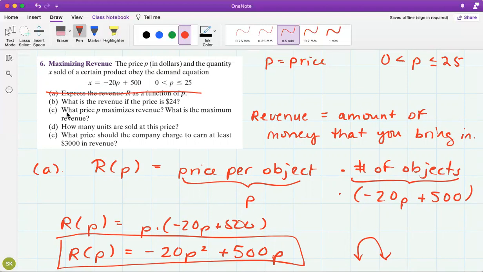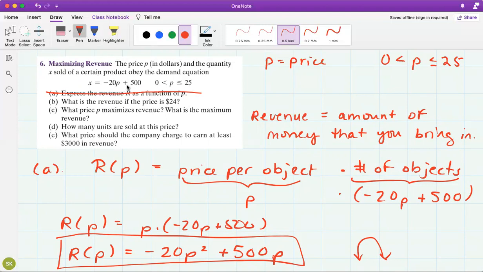So we're going to charge $24 for our object. Now, $24 is pretty close to $25. So let's think about this a little bit. If we're selling an object, the cheaper we sell it, you probably would have more demand. More people would buy a less expensive object than a more expensive object. And that makes sense.